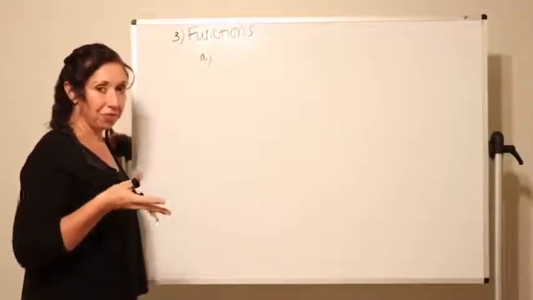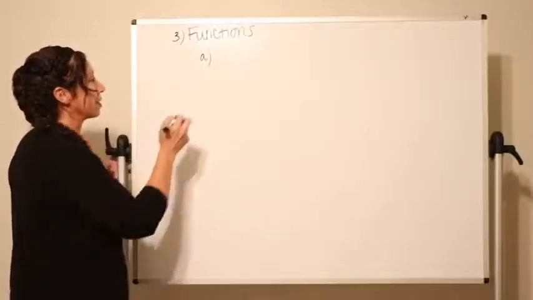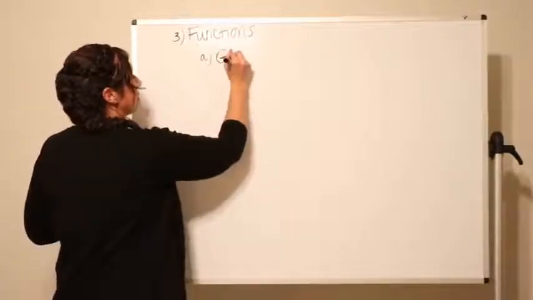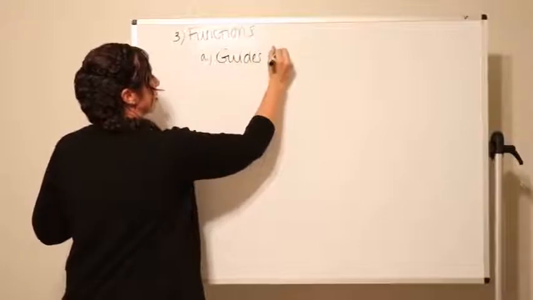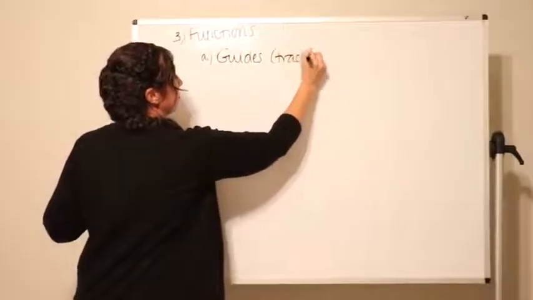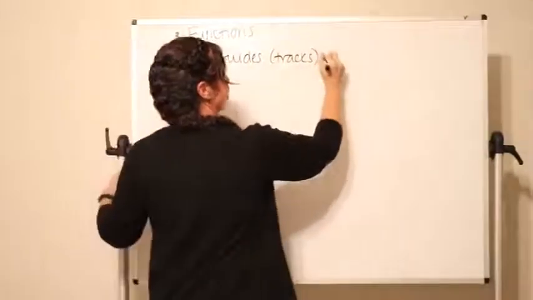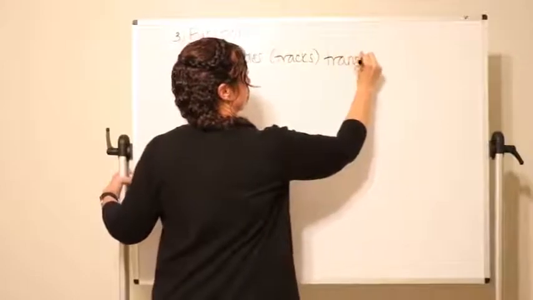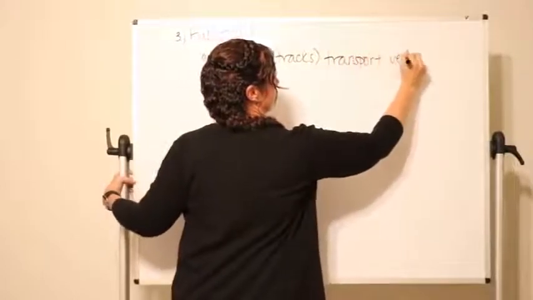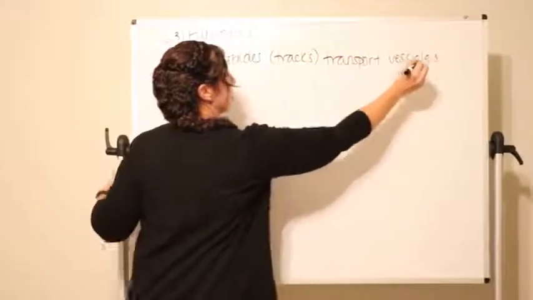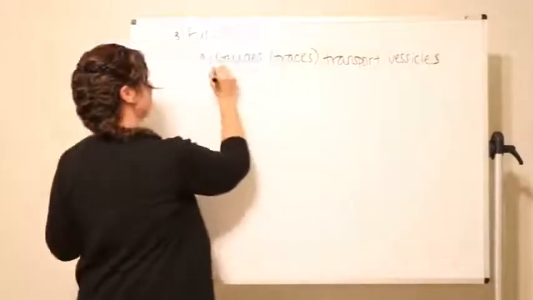It's actually on a track, but there's something really neat. So the first function is it guides, and you could say tracks, transport vesicles in the cell.